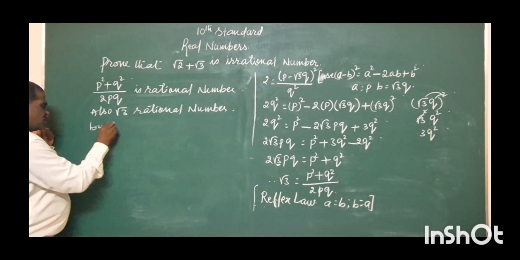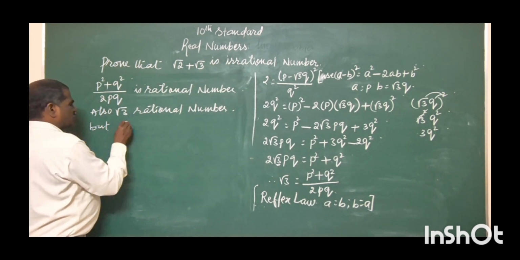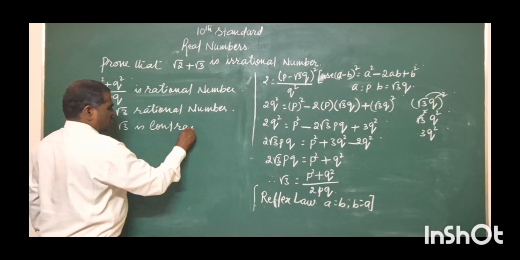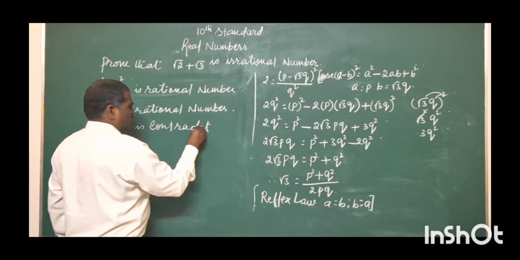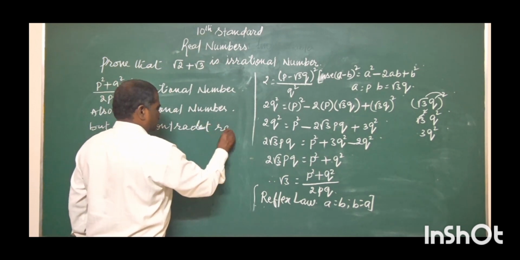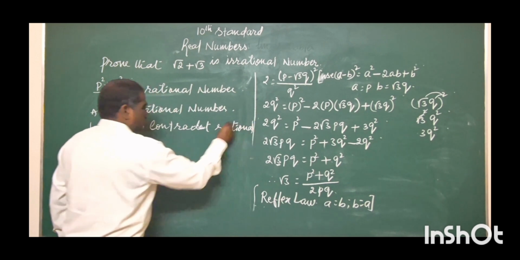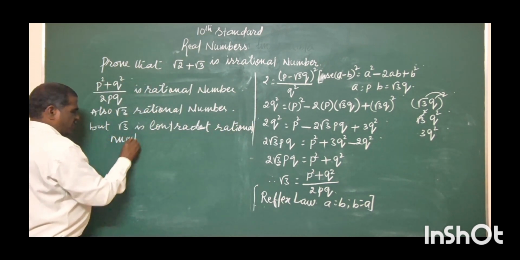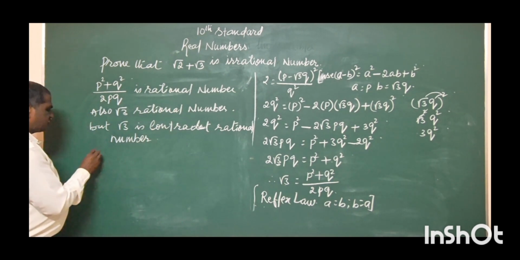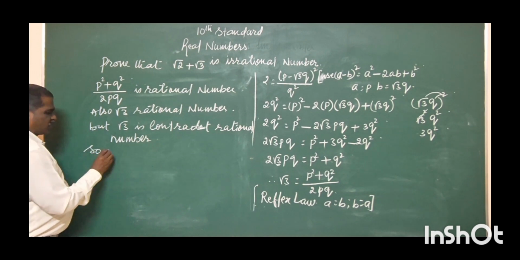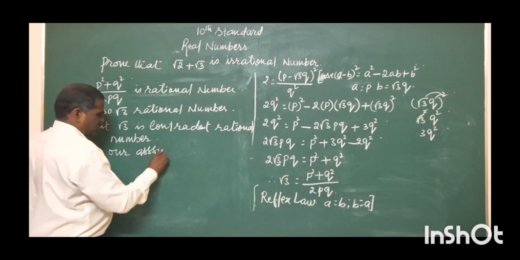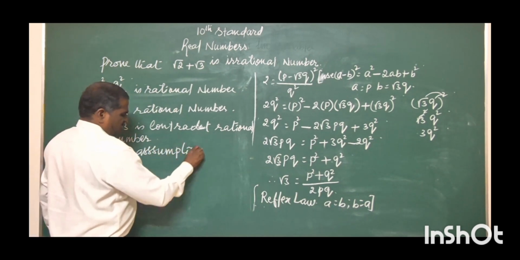But root 3 contradicts being a rational number. We know contradicts means a false statement. So our assumption is wrong.